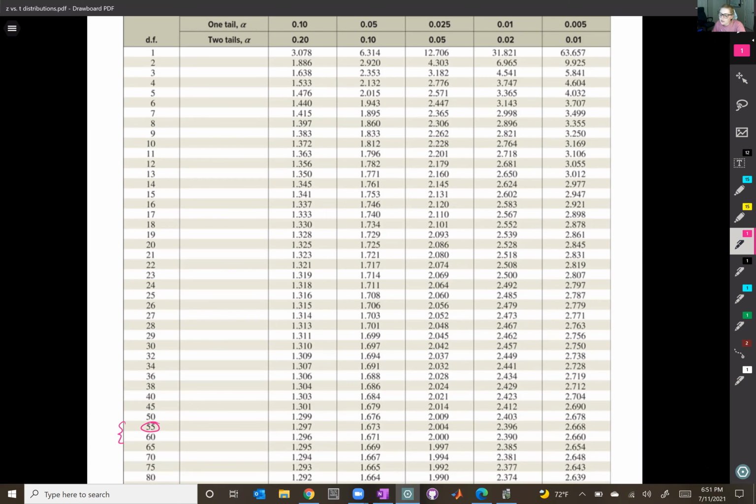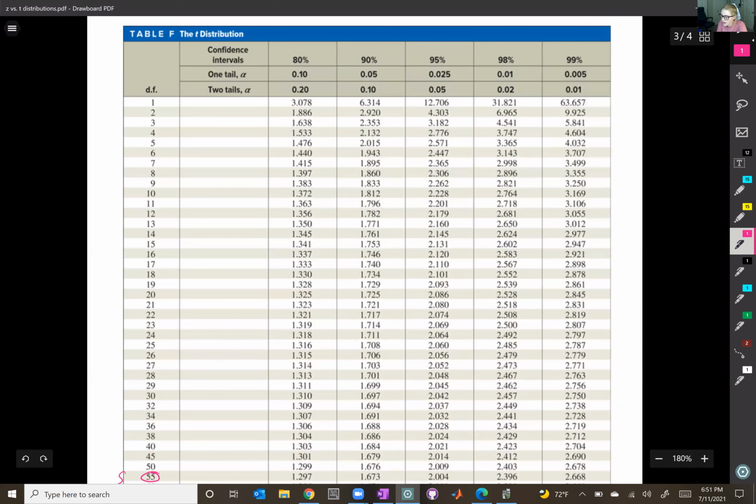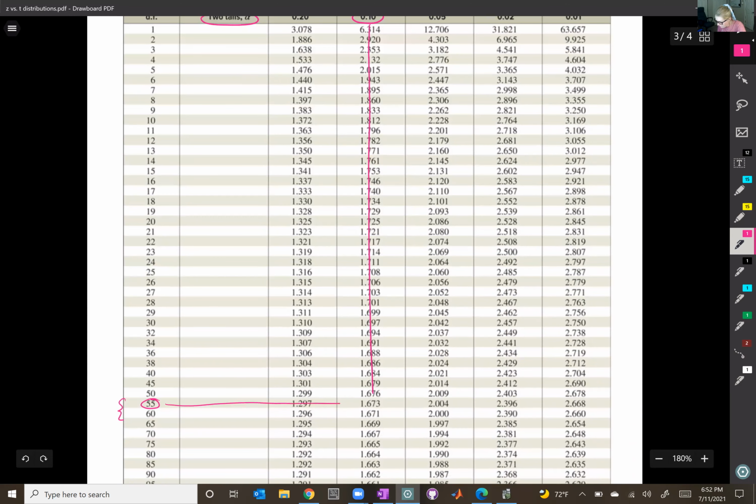Okay, and then we're dealing with two-tailed. So this time we have 2, and we're looking at alpha 0.01, which is right here. So this comes all the way down, and it meets at 1.673.